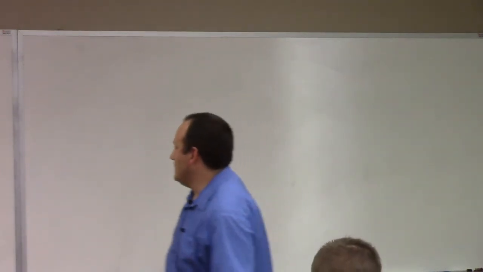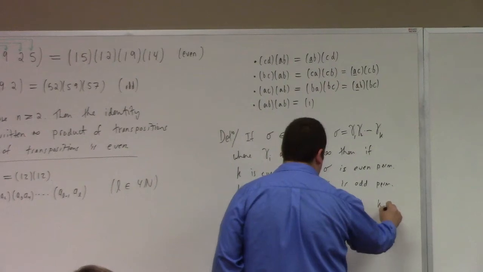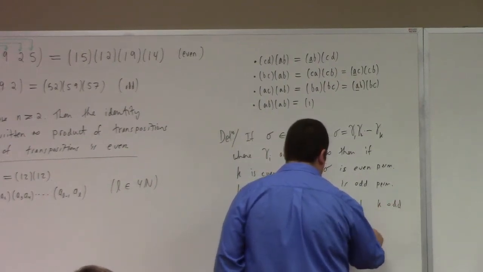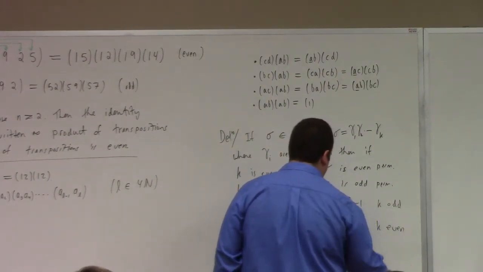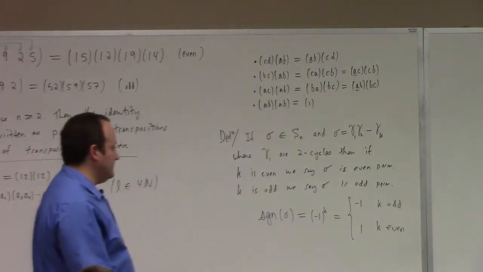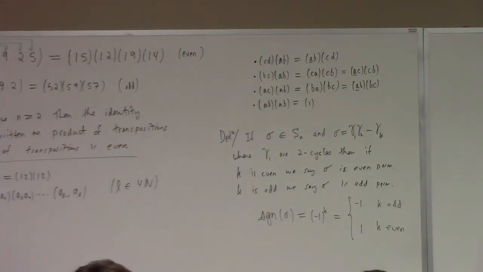In fact, while I'm at it, I should tell you that we define the sign of sigma as follows. It's -1 for k odd. It's 1 for k even. It's the so-called sign of the permutation, either plus or -1, depending on whether it's even or odd.